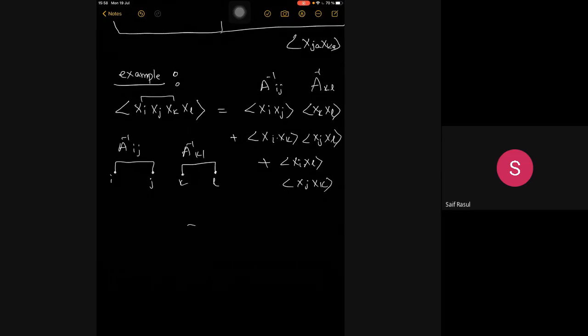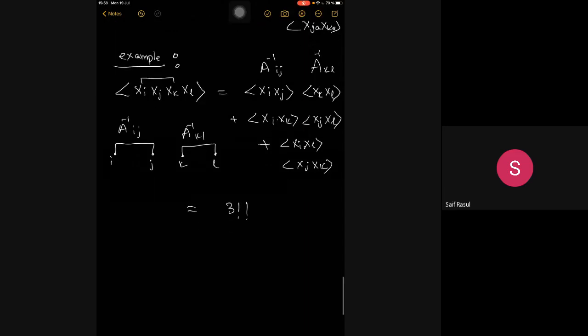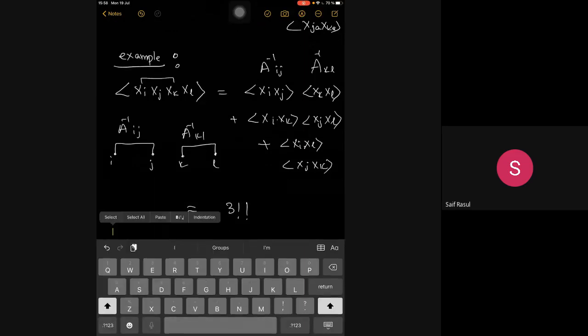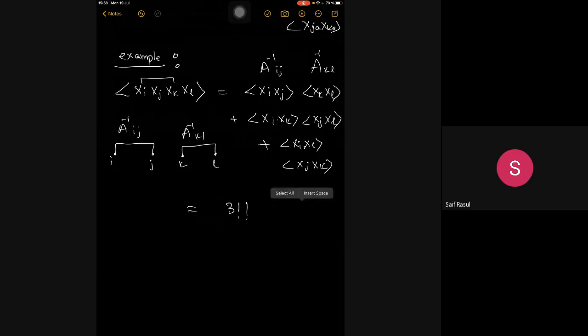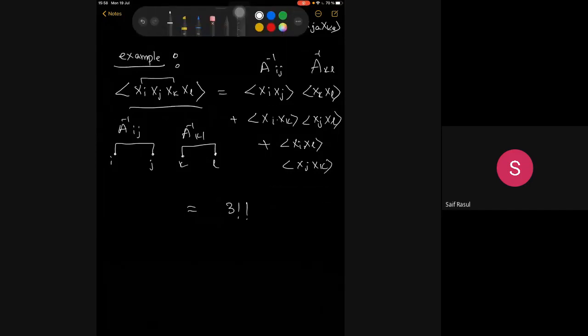So how many terms do we have? 3 factorial terms, that is 3 terms. If we had 2n terms here, we would have 2n minus 1 double factorial terms.